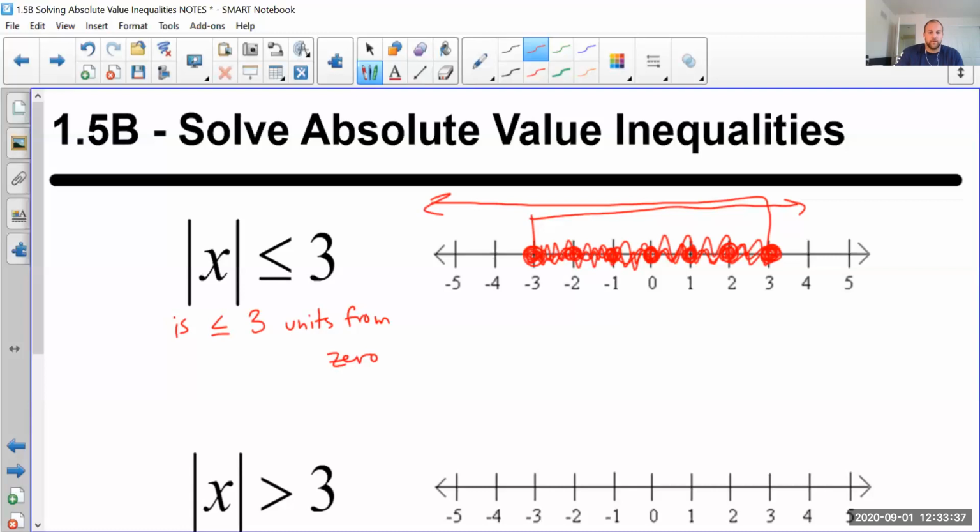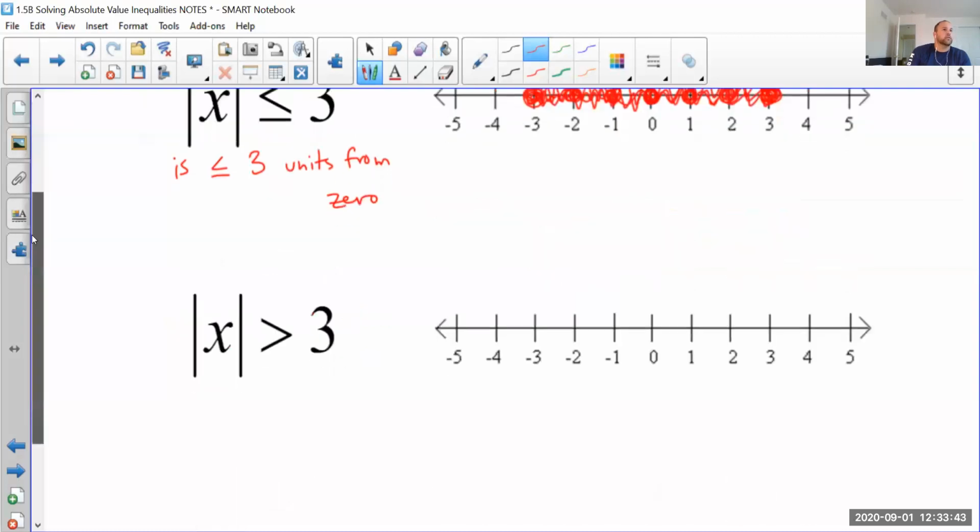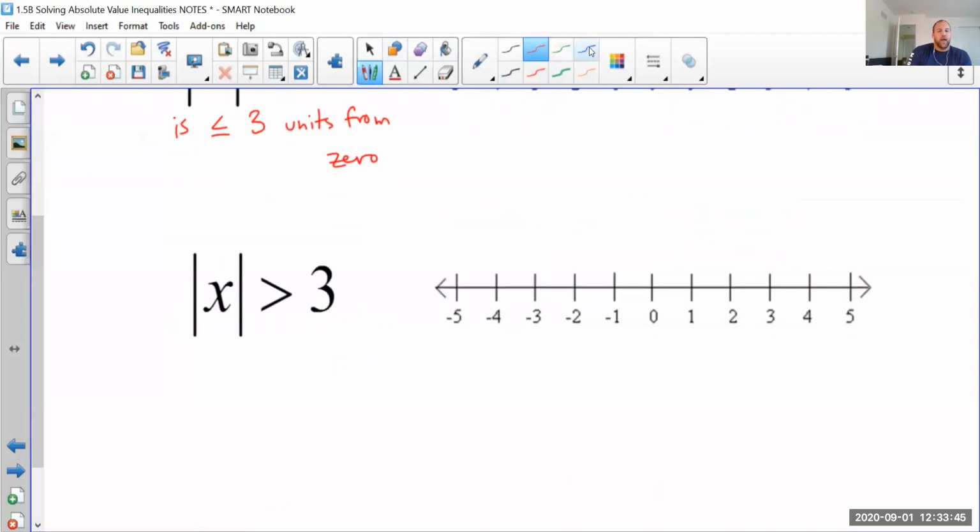Okay, let's take a look at this next one. Same type of thing. Now we're saying that x is greater than 3 units from 0. Okay, so what this is saying here is that x can be greater than 3 units from 0.